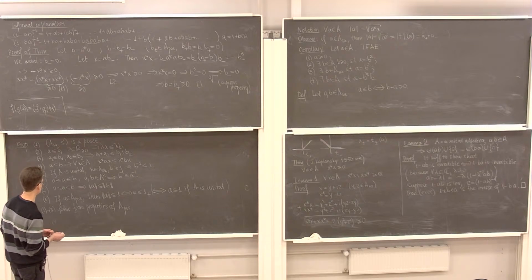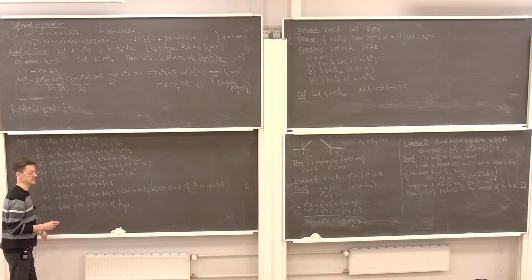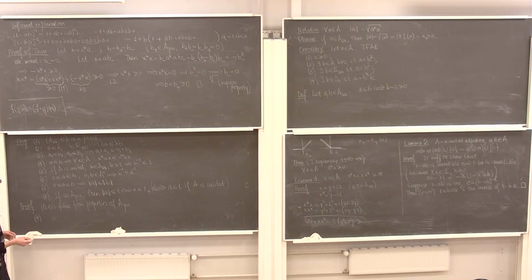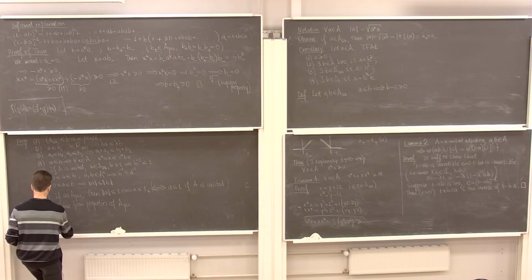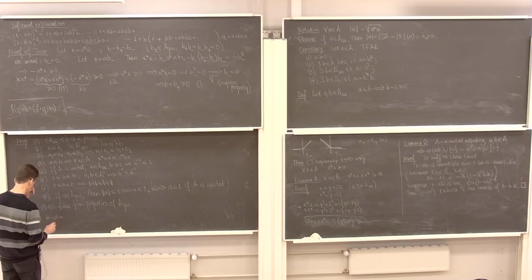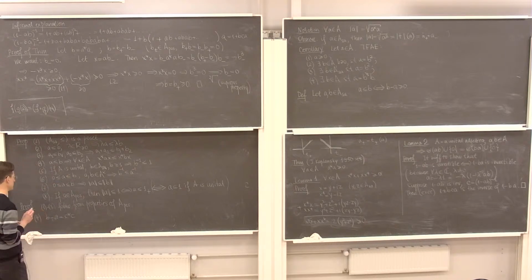Okay, property 4 follows from Kaplansky's theorem. So b minus a is positive. If we can write b minus a in the form c star c for some element c in our algebra, for example, we can take c to be the square root of b minus a.